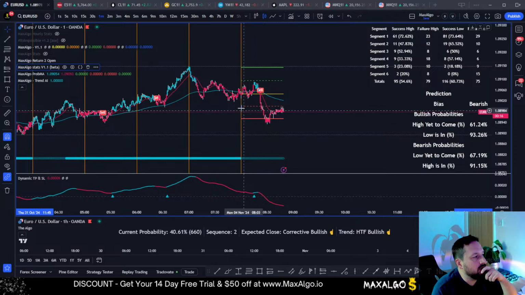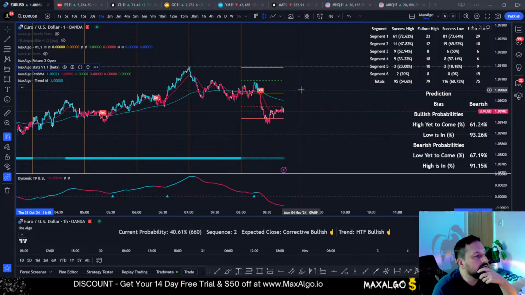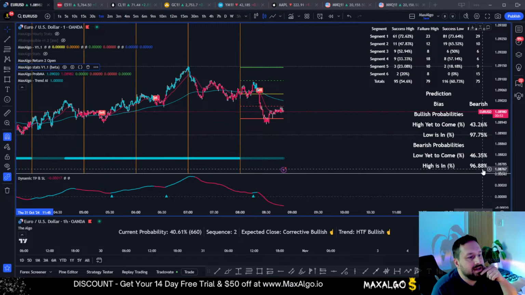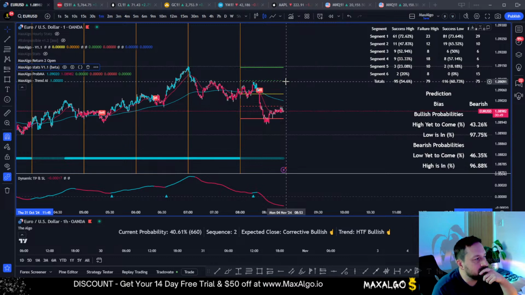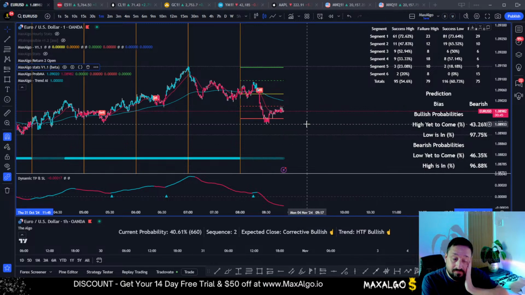We break the low in segment 3, which gives us a 52% probability of returning to the open. Doesn't mean we have to. Right now, there's a 96% probability this is our high for Euro USD this hour. And a 46% probability that this low is going to go.